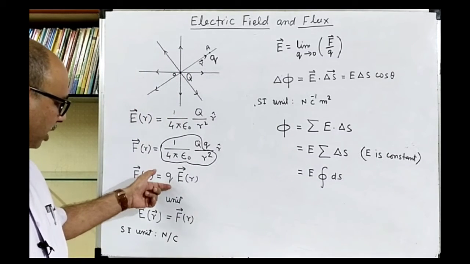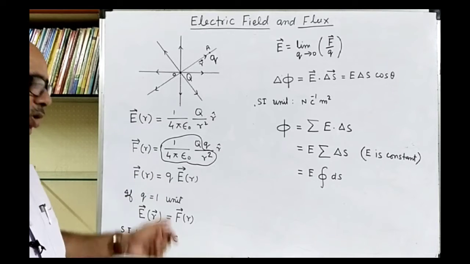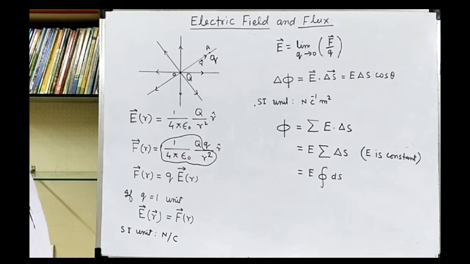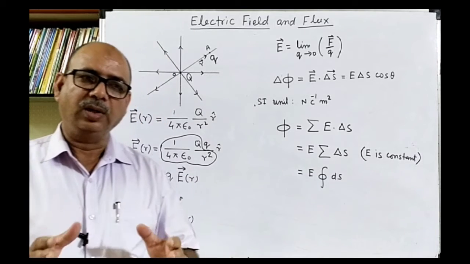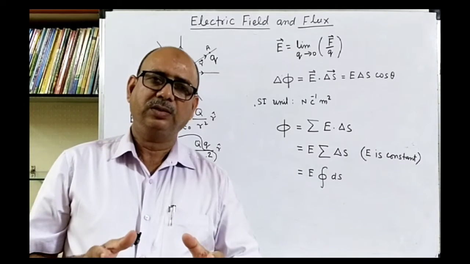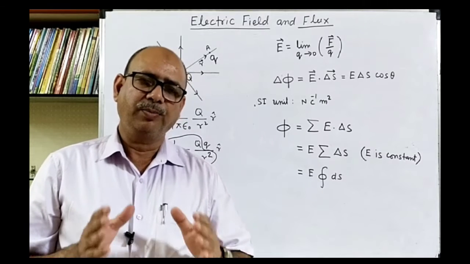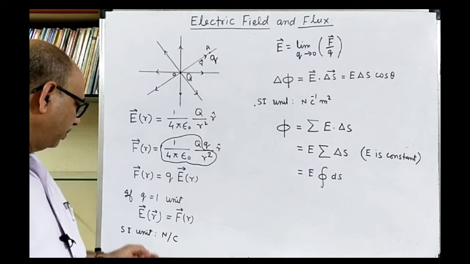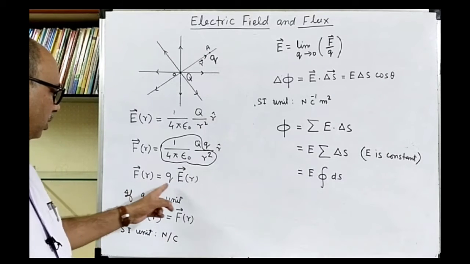When we take a unit charge, that means q is equal to 1 unit, then E will be equal to F. That means electric field is the force experienced by a unit charge when placed at a point. The unit of electric field is Newton per Coulomb.